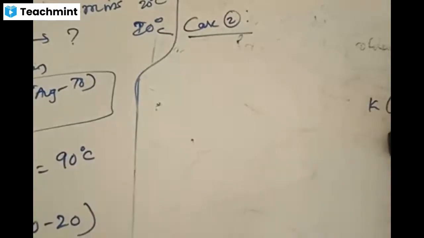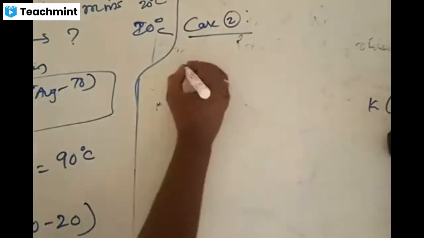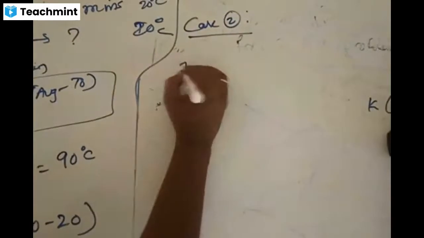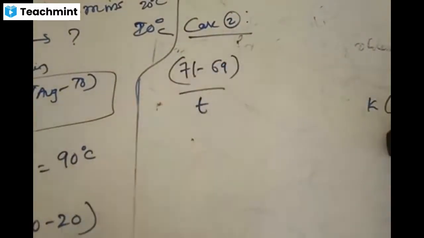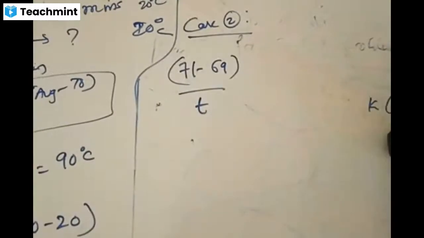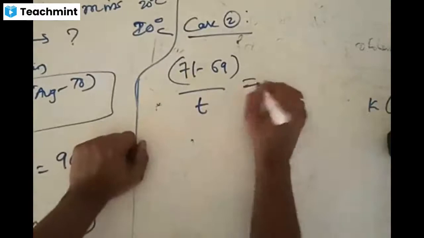I want you people to answer this formula. So tell me the formula now. Tell me what should I write? 71 minus 69 by T. We need to determine this T only. 70 is the average. Very good. Time taken is to be determined.